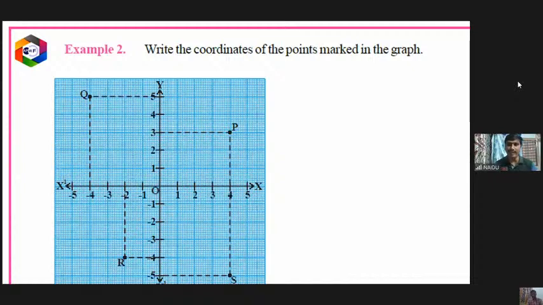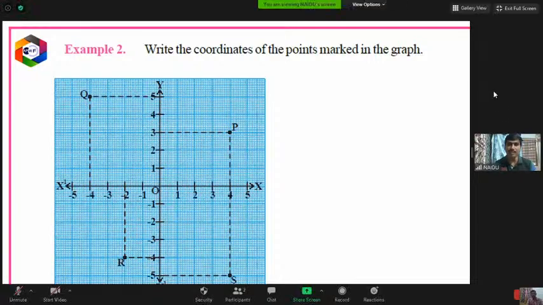In x comma y format, x denotes the distance toward the x direction, y denotes the distance toward the y direction, or else it can be said another way: x direction distance is the same as distance from the y axis, and y direction distance is the same as distance from the x axis.